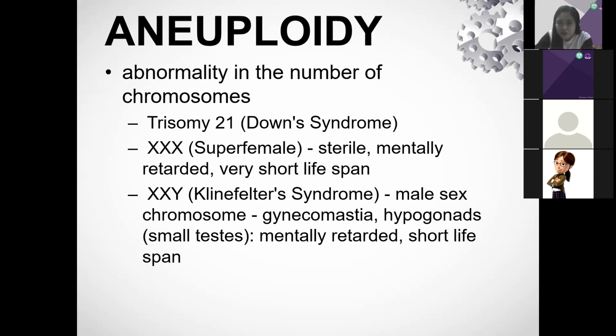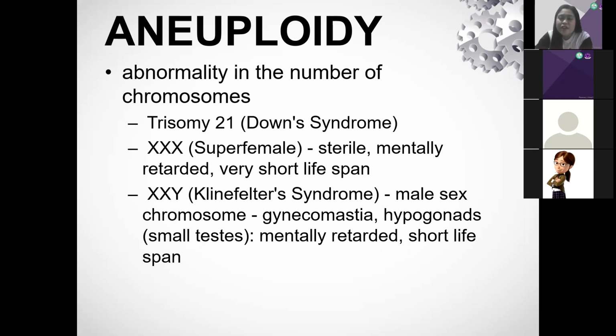That is also true for the XXY or the Klinefelter's syndrome. Ito naman kung may super female, meron din sa lalaki. Instead of XY lang, they have XXY class. Okay? So how can they be identified? They have gynecomastia. They have bigger breast size. They have hypogonads. What do you mean by hypogonads? Hypo means maliit.